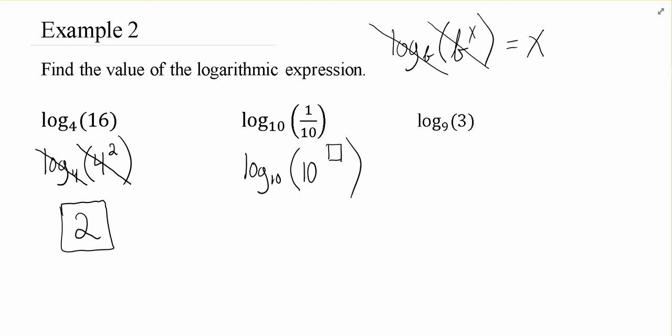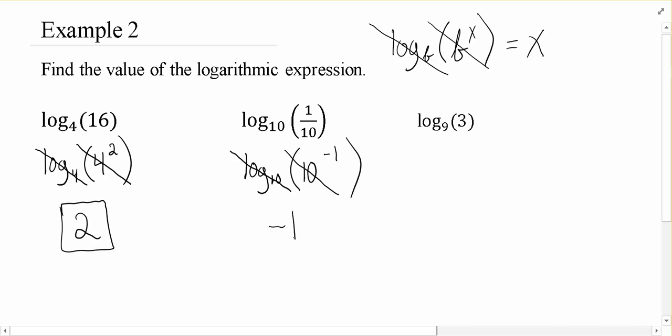What should jump out at you is that when we have fractions, when we have reciprocals, we should think about the fact that the exponent is going to be negative. So this is going to be -1 because it's the reciprocal of 10. At which point we have log base 10 and a base 10 exponential. So the log base 10 and the 10 to a power undo one another, leaving just the -1.